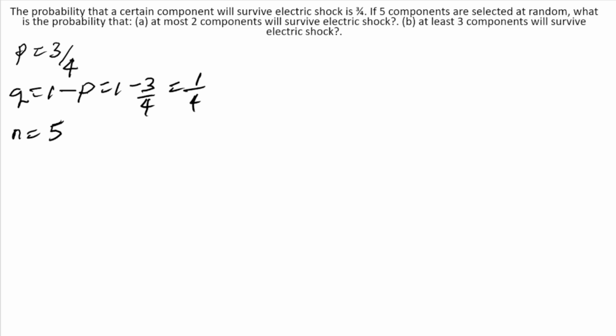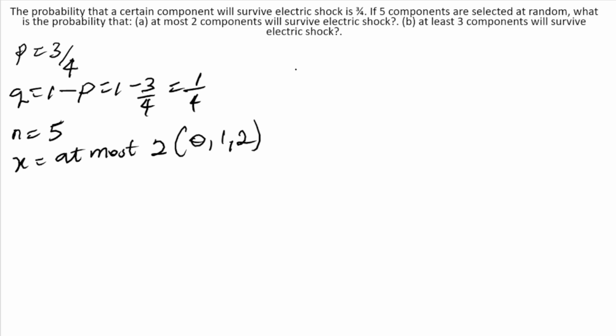So x is at most 2, and the values for at most 2 are from 2 till 0. I hope you know that. So it means that we have 0, 1, and 2. These are the things we need to solve for.